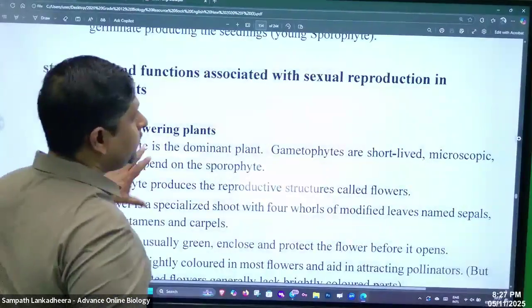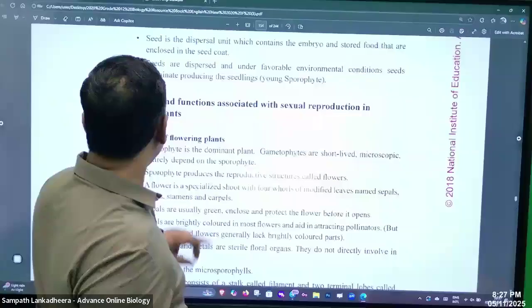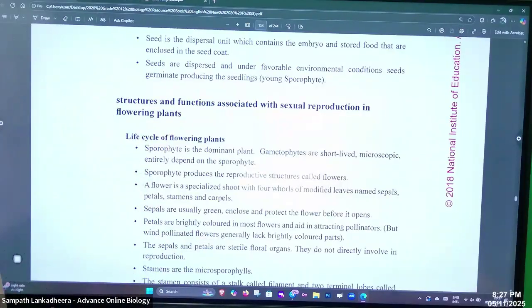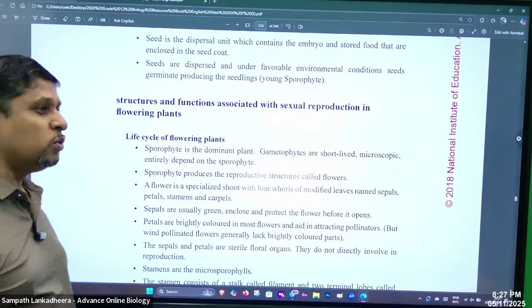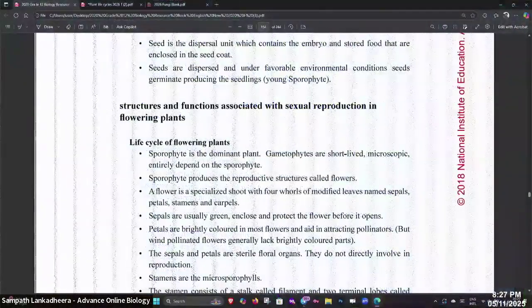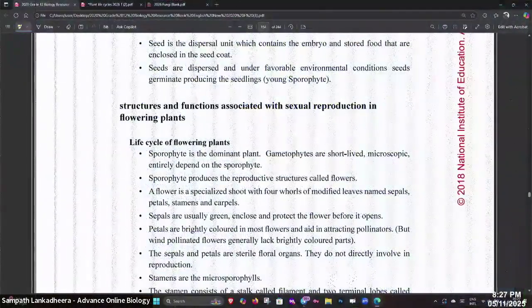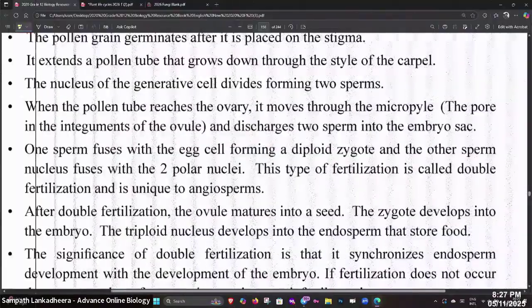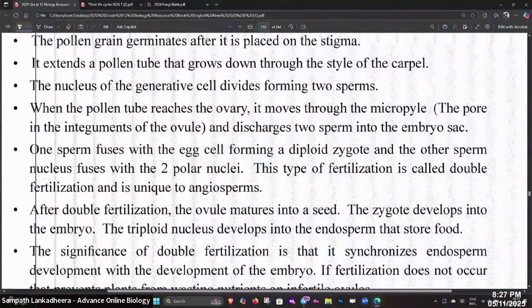You have to learn plant life cycles, the life cycle of flowering plants. Let's quickly go through the notes here and highlight the important facts.